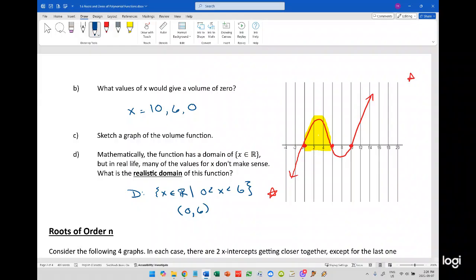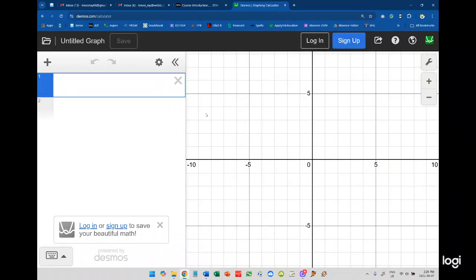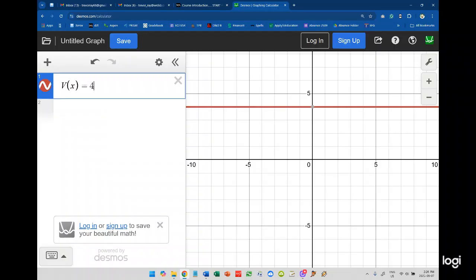Okay, so that's the kind of thing that we get in a real application. The question doesn't ask us for it, but just for the heck of it, let's flip over to Desmos and see what this graph actually looks like. And I think we can see that the volume at x is, what did we say it was? 4, 10 minus x, 6 minus x, and x.